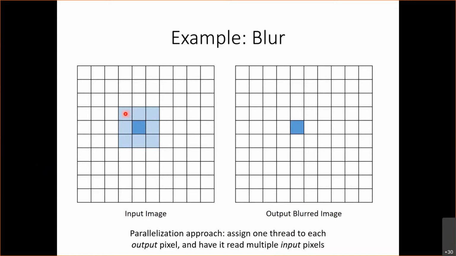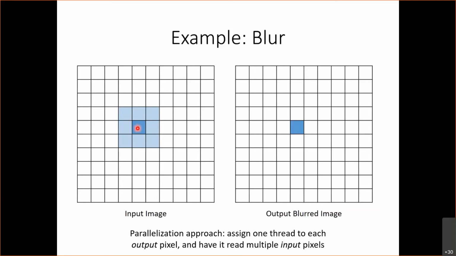In general, it's going to be whatever the radius of my blur is. In this case, the radius of my blur is 1, because the blur goes 1 away from the central pixel. But the radius of my blur could be anything.